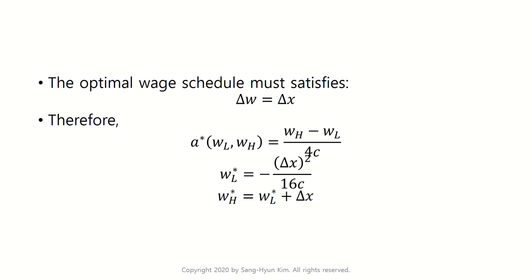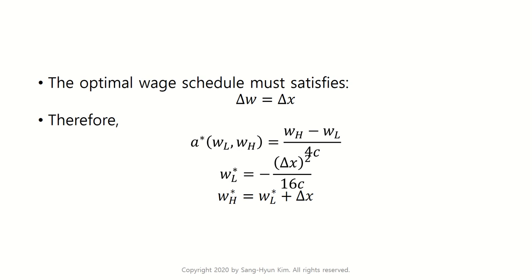You can put any numbers in WL and WH, and this function shows what the optimal effort is. Okay, so that's what I mean by a strategy. A strategy is a complete action plan, and this function shows a complete action plan of the agent.